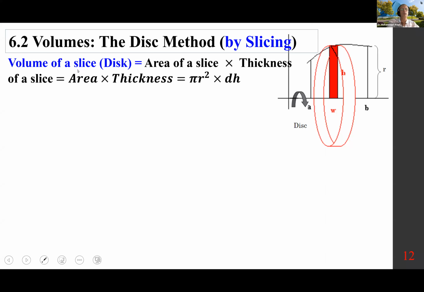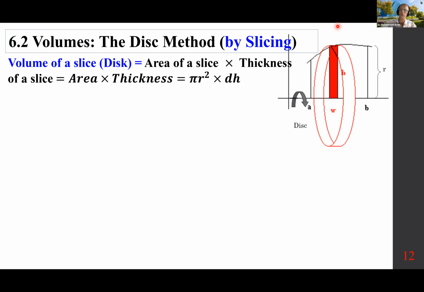So, the volume of a disk, a slice of disk, is the area of the slice times its thickness. And area follows a circular shape, therefore pi r squared times dh. I'm going to use dh because if we move along the x-axis, dh becomes dx.